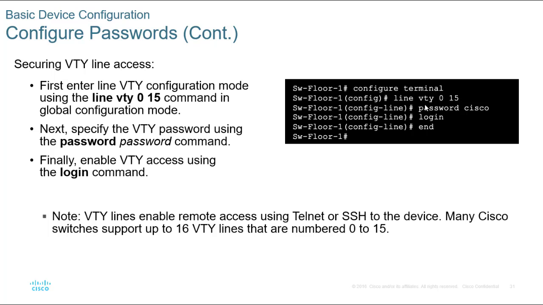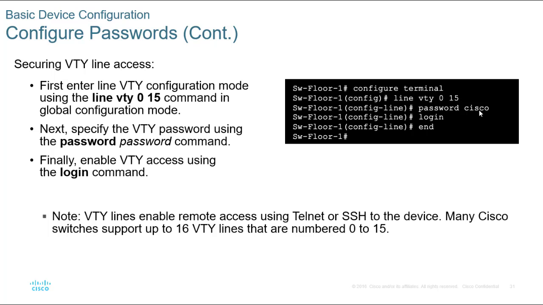And we're specifying which line, VTYs. And we can specify one or a range. So let's do them all at once to make it easy. So we'll say our range is 0 space 15. And that will apply the configuration the same to all 16 VTY lines. And we're going to apply that same password because this is the classroom, not the real world.